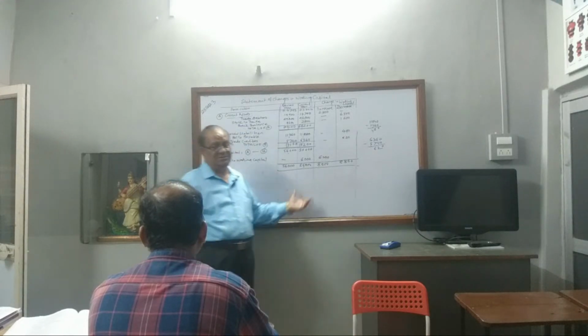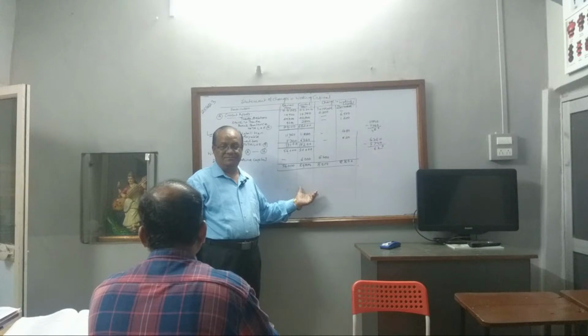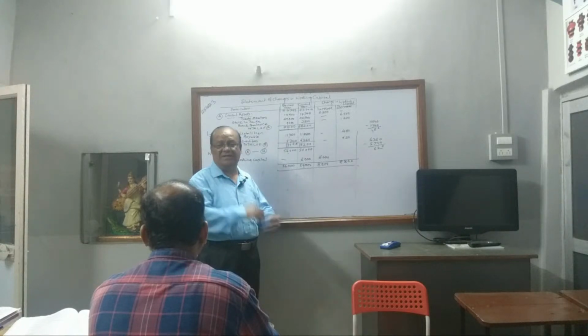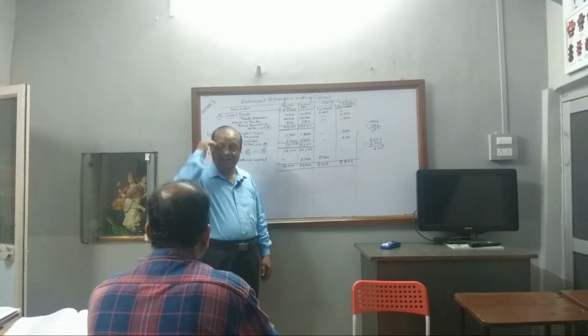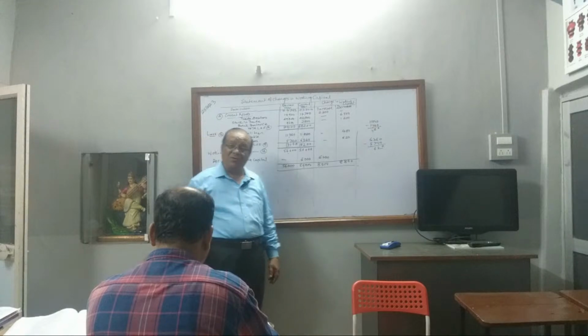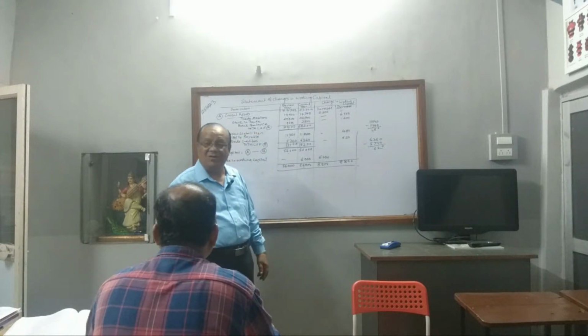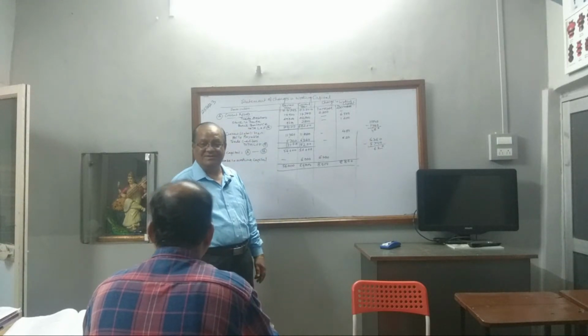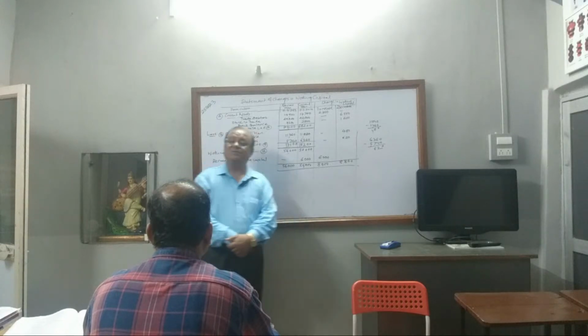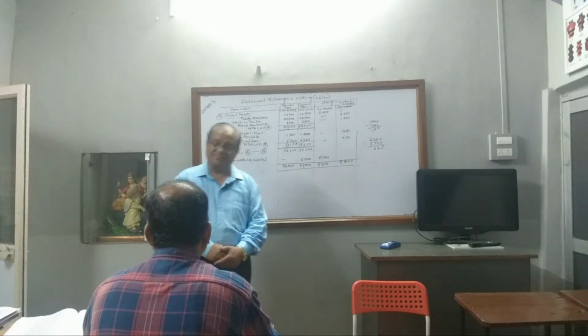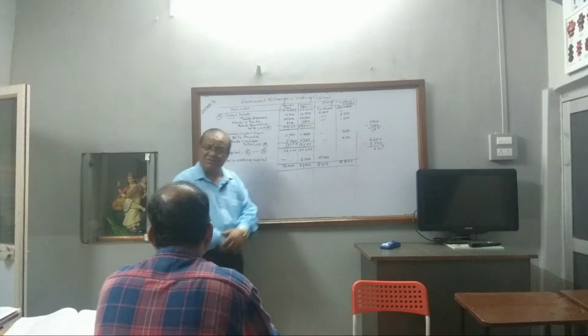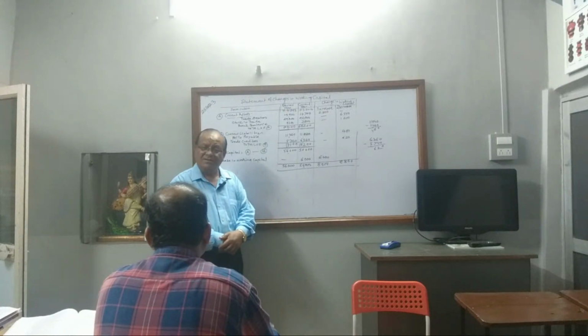The first activity is operating activities. In the cash flow statement, we have to make three activities. First is operating activities. By making operations, how cash is coming and how cash is going. Got it? In that operation, what will be there? Once again, just see.